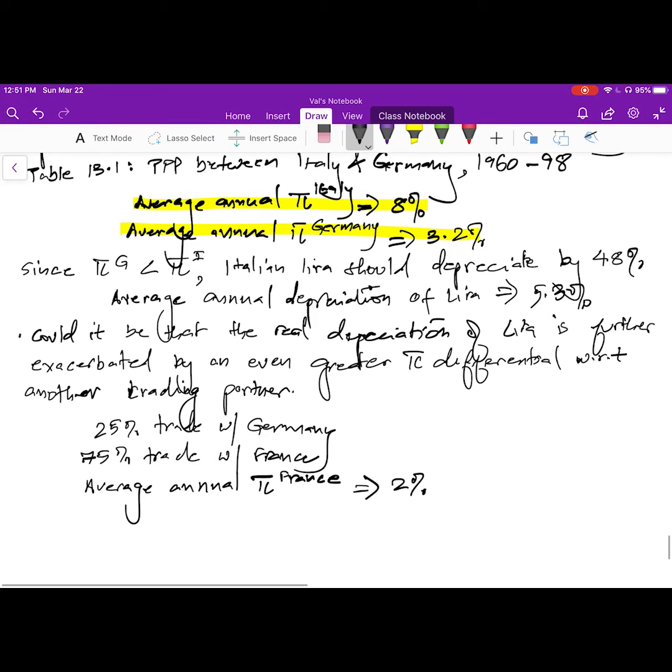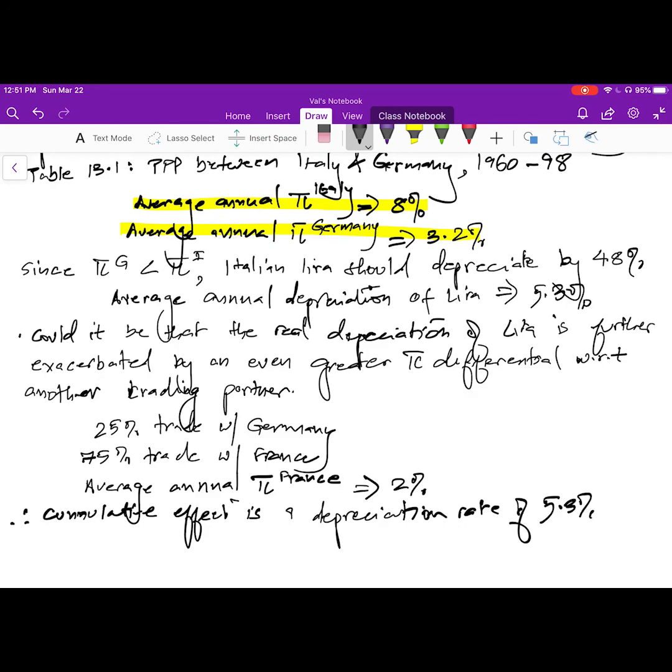Would you then say that the cumulative effect is a depreciation rate of 5.3%? Because Italy doesn't just have a trading relationship with Germany, it also trades, in this example, with France. So approximately, this explains why the Italian depreciation rate was 5.3%.